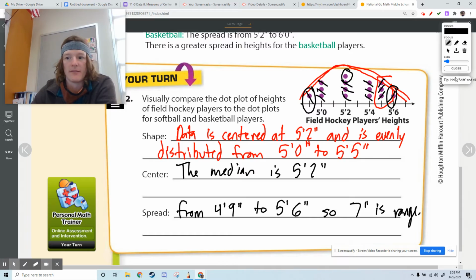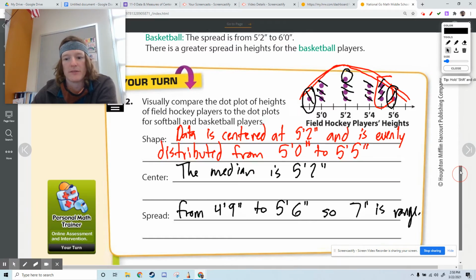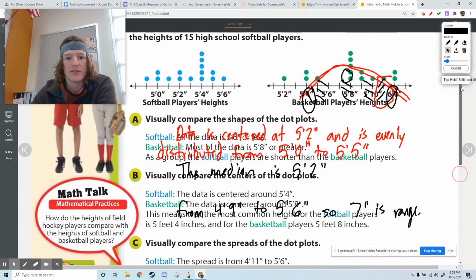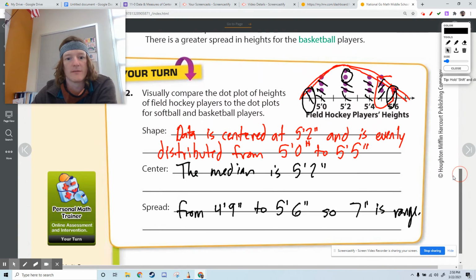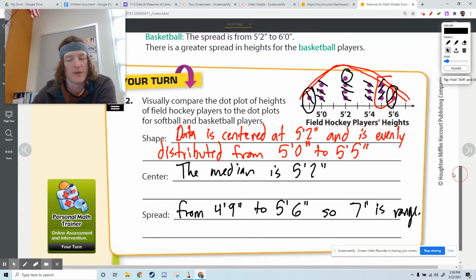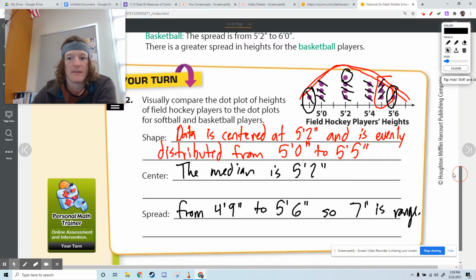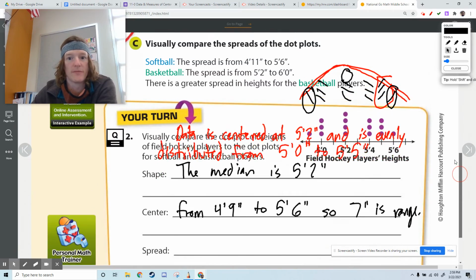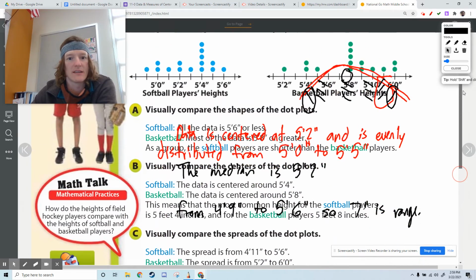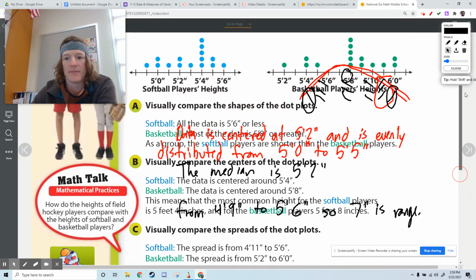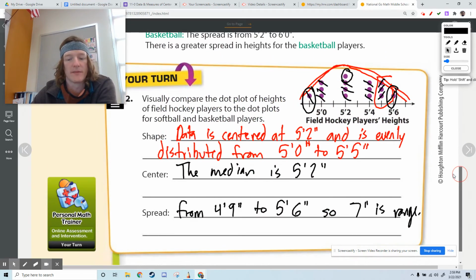Now, if we go and compare those, that 7-inch range is the same as softball, smaller than basketball. The median height was 5'2", so that's actually less, I think, than softball, yep, and basketball players.